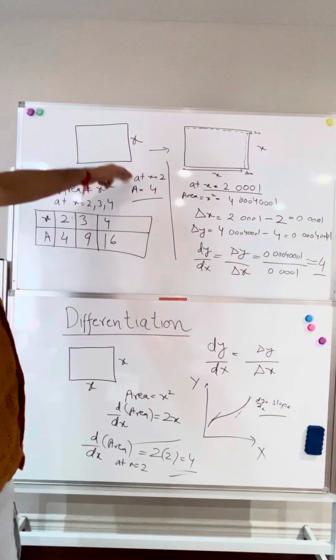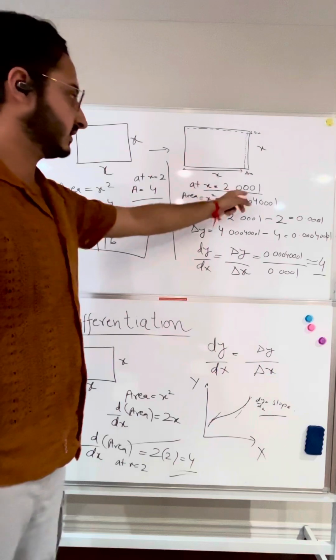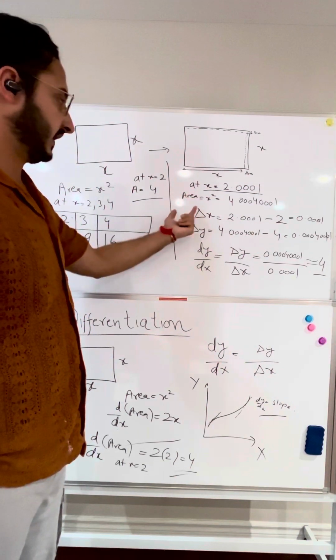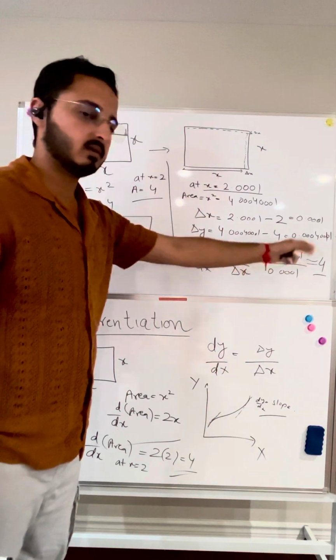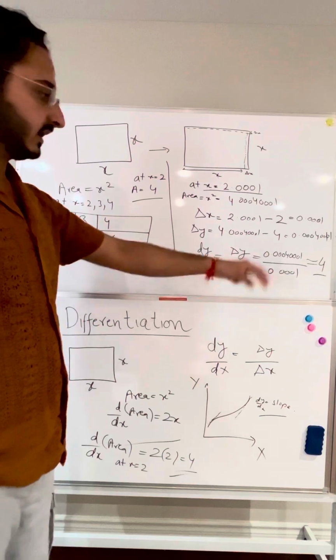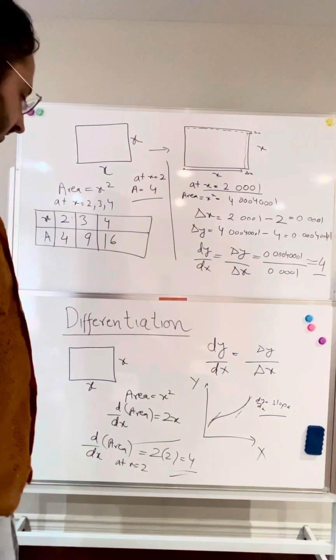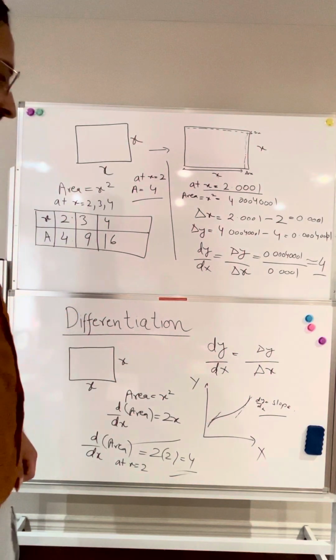Similarly, at x equals 2 with a very small change of 0.0001, we have a different area, that is delta y, 0.0004 something something, and when we divide both of them, the rate of change is going to be 4, which explains how differentiation works.